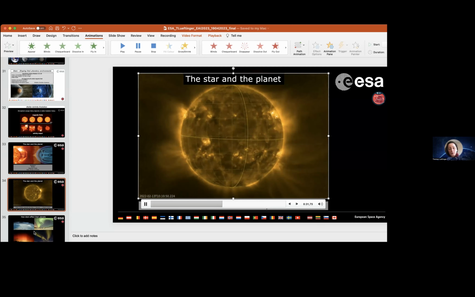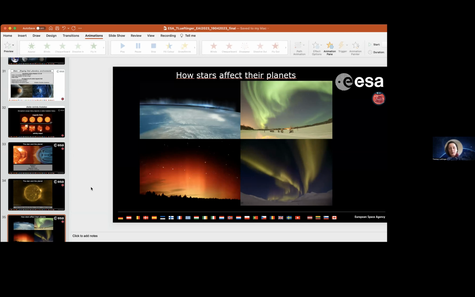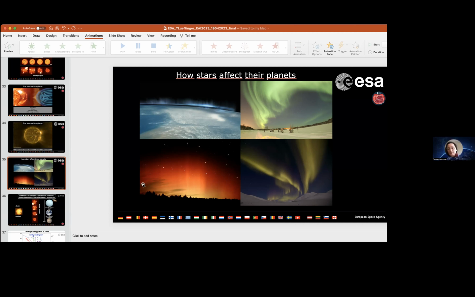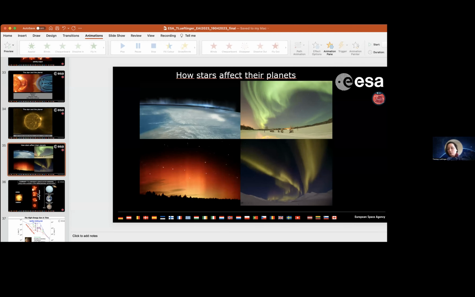What is caused by this energy output, I guess you're all aware of, is the so-called northern lights. So the more active the sun or a star is, the bigger the effect on the atmosphere is. And we see that very nicely with the interaction of the Earth's magnetosphere by having northern lights in the northern hemisphere. Maybe some of you have seen that beautiful spectacle already. That's only one effect, and there are many others, of course.